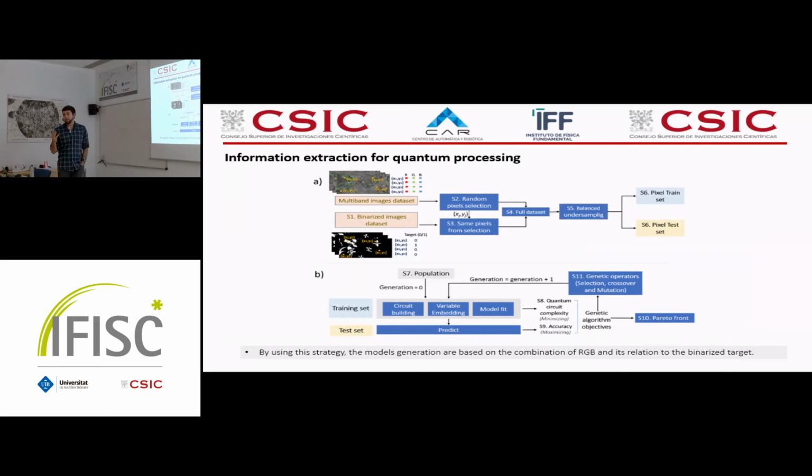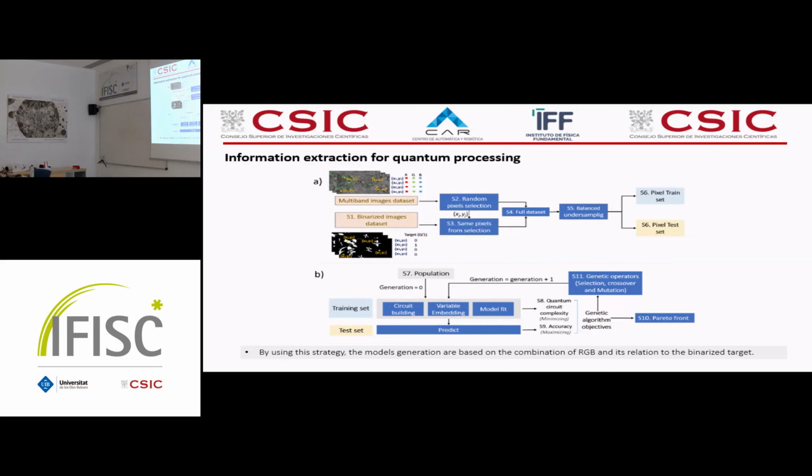So each pixel has 3 properties in these images. It's the RGB, and the binarized image has only 1 or 0. So we were thinking, okay, maybe it's a classification again, but for local properties. Here it's important to balance the data set also, because as we can see, the regions that we have in white are very small compared with the black ones, which is the regions that we don't want to analyze because it's the ground.